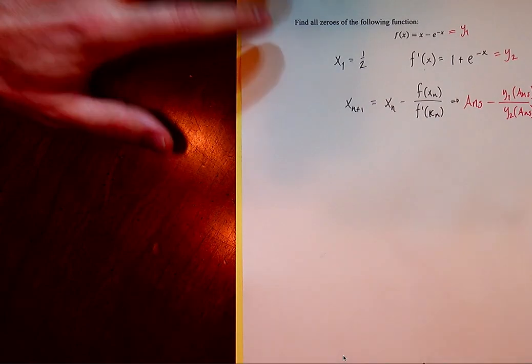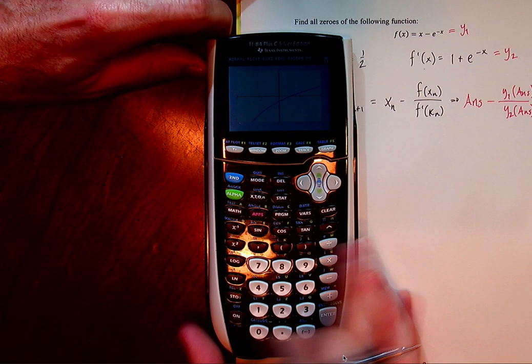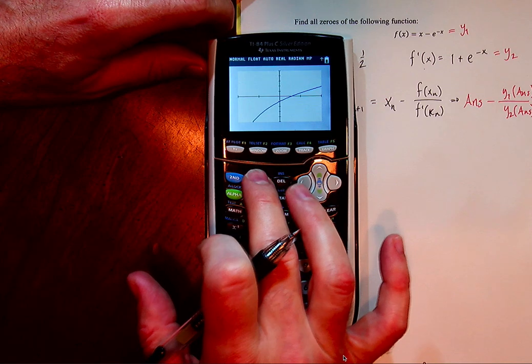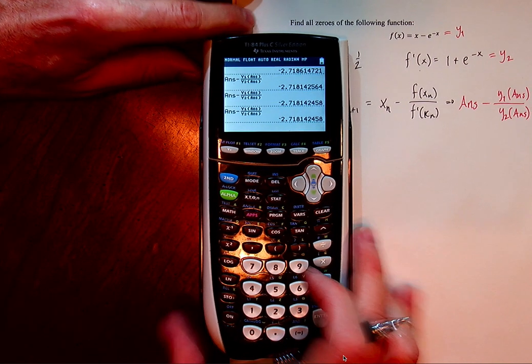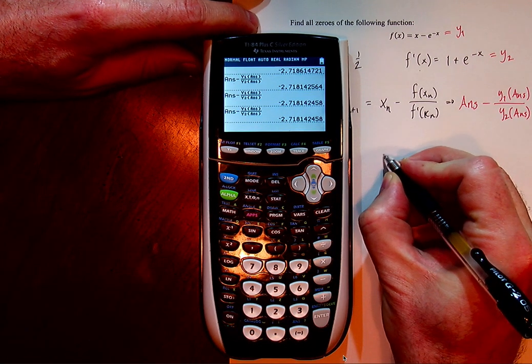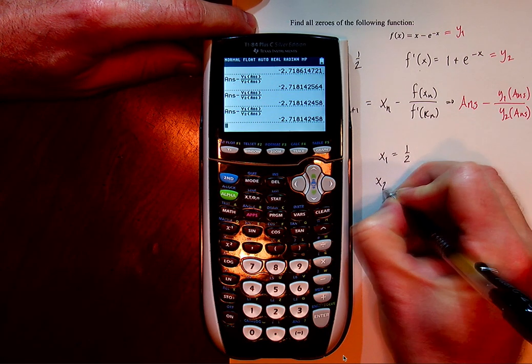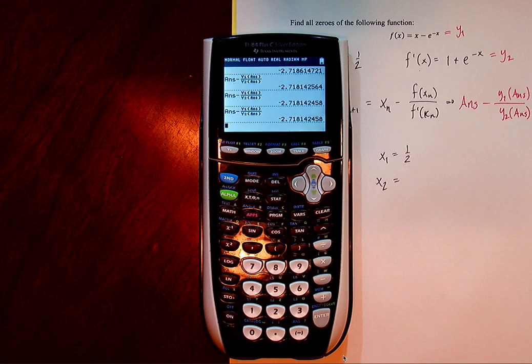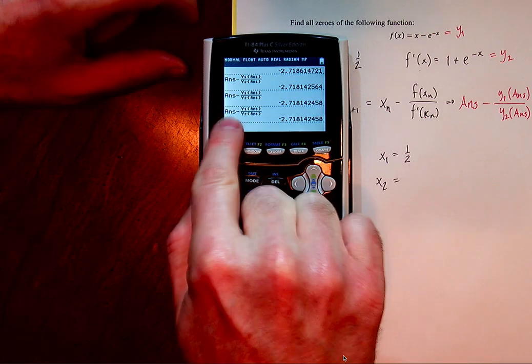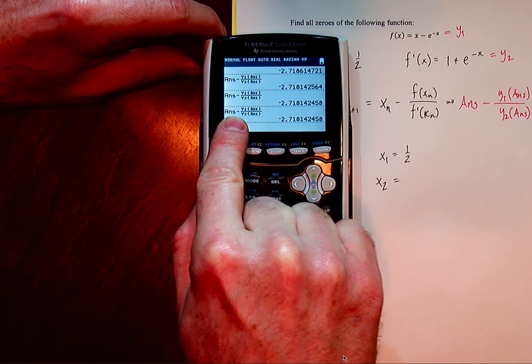I'm going to move this over a little bit so I can put this under here without it causing a problem with the lights up above. I know that my x sub 1 is 1/2. My x sub 2 is, well, once you've done a couple of these problems, you still have this right here. You don't have to type it out again.